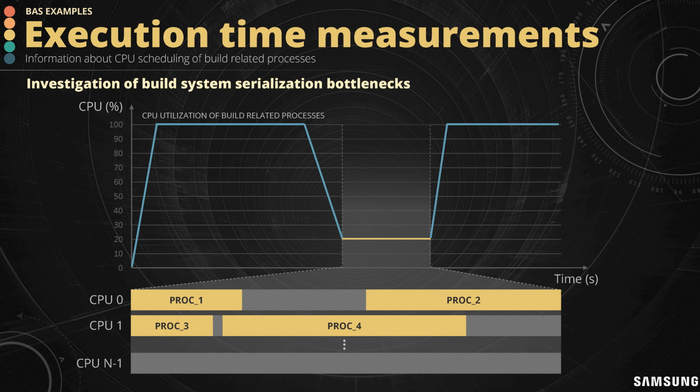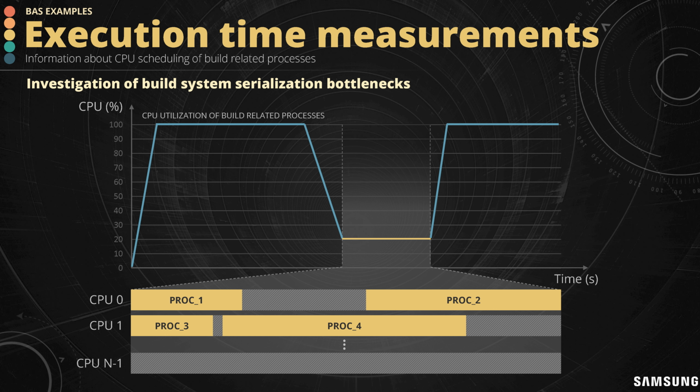So we can spot, for example, some parallelization problems when most cores are idle, or long-running tasks that block our build progression. Analyzing this information can lead to a better understanding of what happened during the build, and it may give us clues about what caused the bottlenecks in our build system.